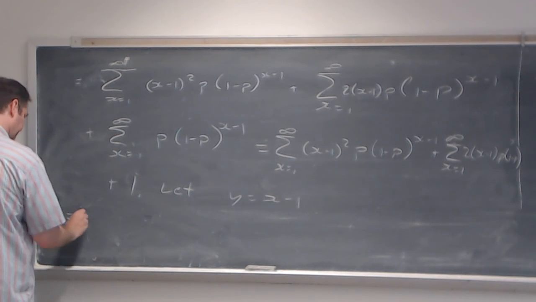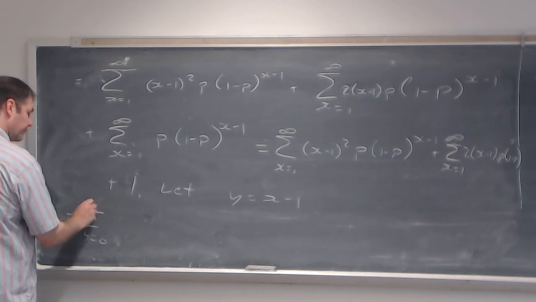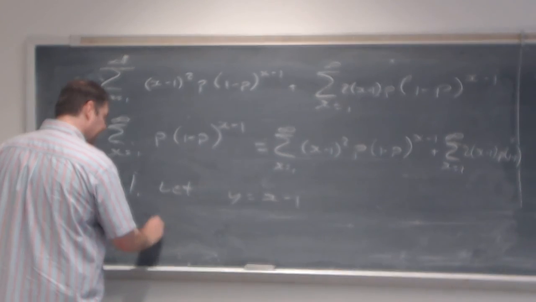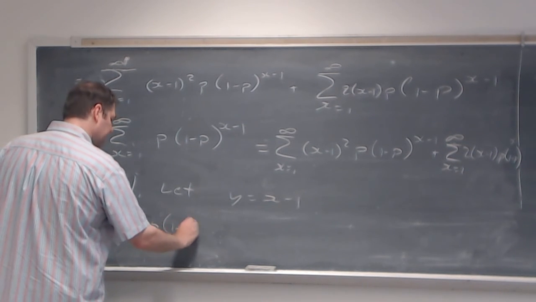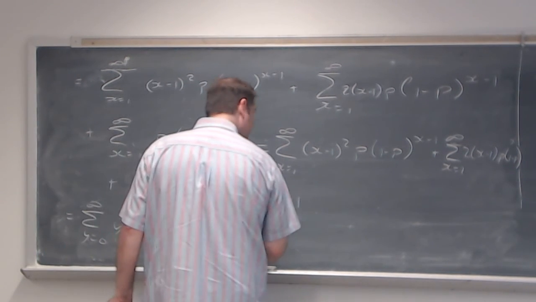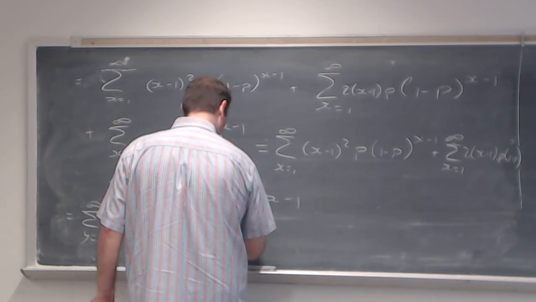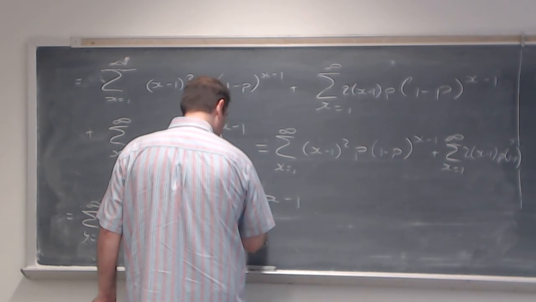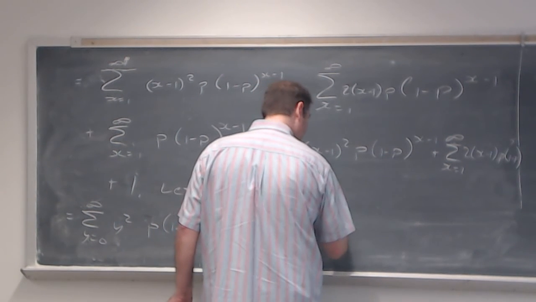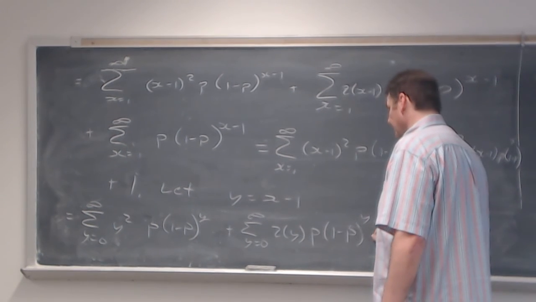And so here we end up getting the sum as y runs from 0 to infinity of y squared times p times 1 minus p raised to the y, plus the sum as y runs from 0 to infinity of 2 times y times p times 1 minus p to the y. And then here we have plus 1.